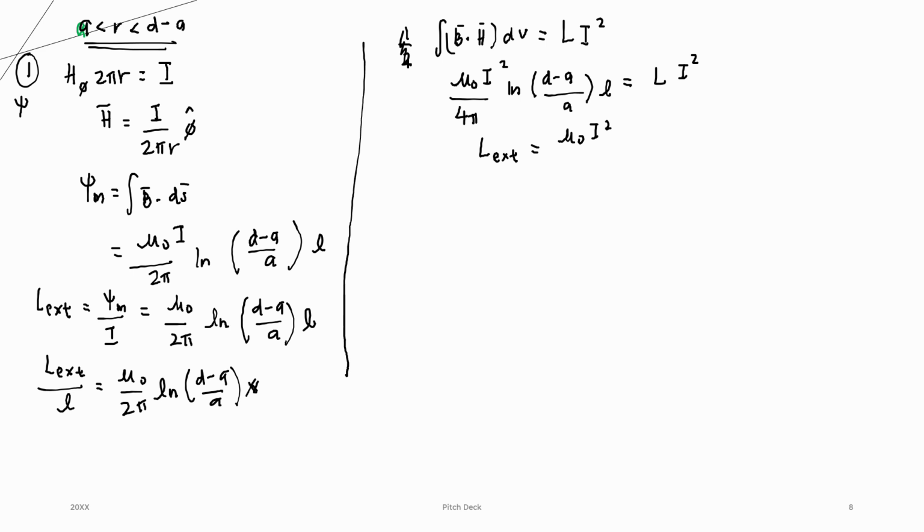The I squared can be cancelled on each side, so it will leave behind 4 pi. So L external per meter is equal to mu naught over 4 pi ln (d minus a) over a.